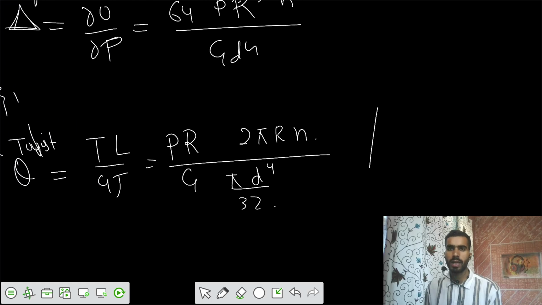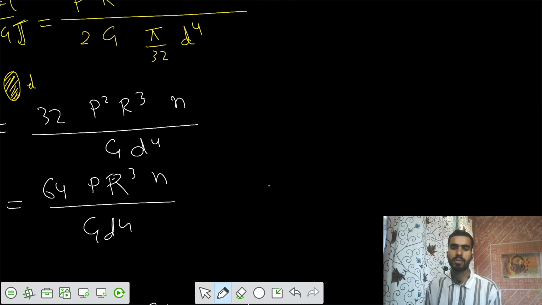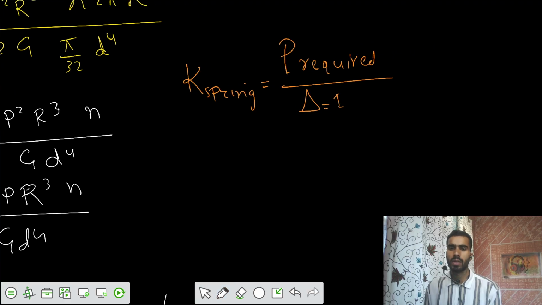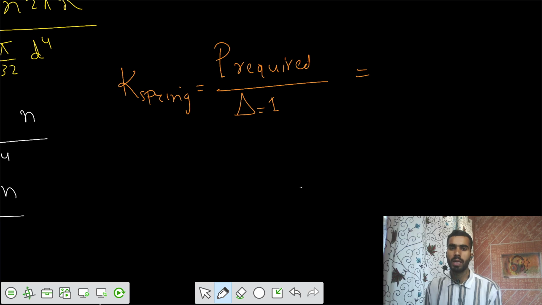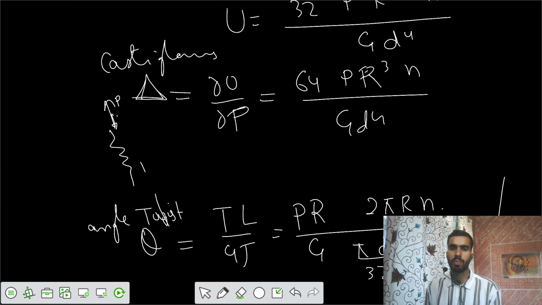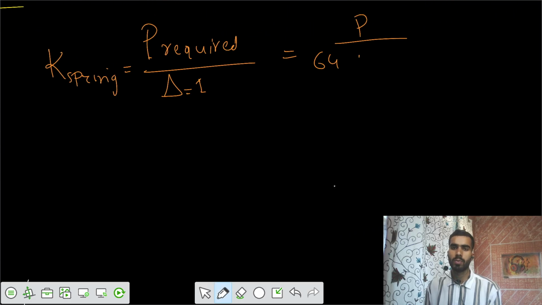And if you want to know the stiffness K of this spring, that is the load P required for unit deformation. So you substitute P divided by delta, where delta is 64 P R cube N by G d power 4.